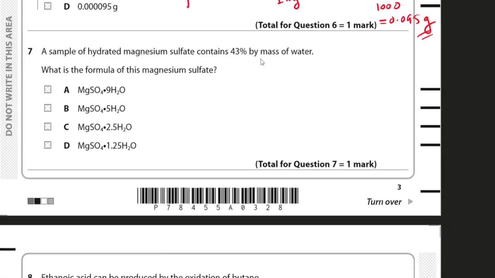Moving on, the next one, number 7: a sample of hydrated magnesium sulfate contains 43% by mass of water. Now, what is the formula of magnesium sulfate?